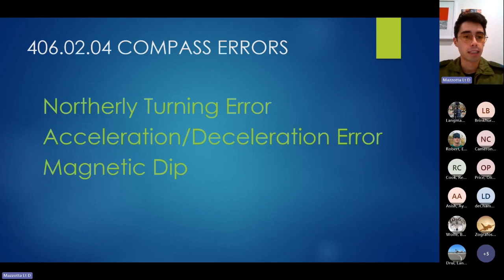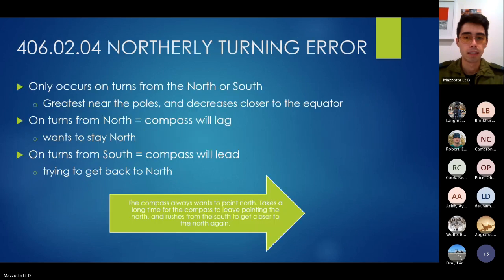So, some compass errors. We're going to talk about the northerly turning error, the acceleration and deceleration error, and magnetic dip. So, the northerly turning error. Long story short, the compass always wants to point to the north. This only really occurs on turns to or from the north. It's more noticeable the closer you are to the poles, and it decreases as you get closer to the equator.